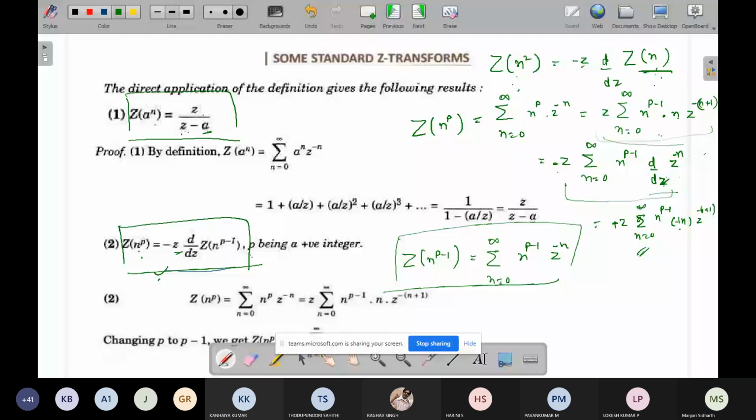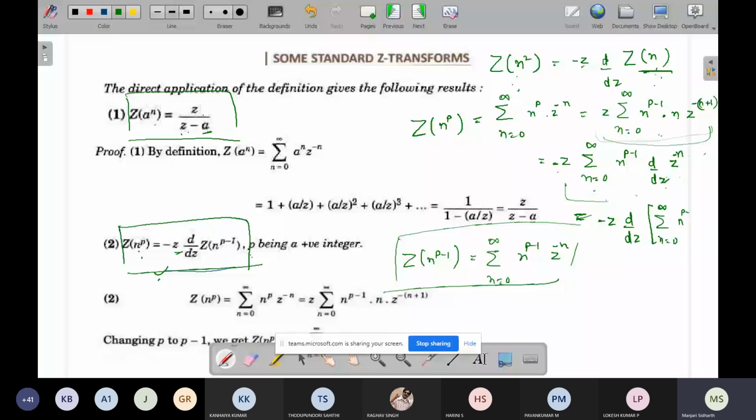Now because the differential operator means differentiation of any discrete function is term by term differentiation, we can take this outside. Minus z d by dz of the summation, because the summation is on n, not on z, so we can take d by dz outside, it will not affect this. n power p minus 1 and z power minus n, right?